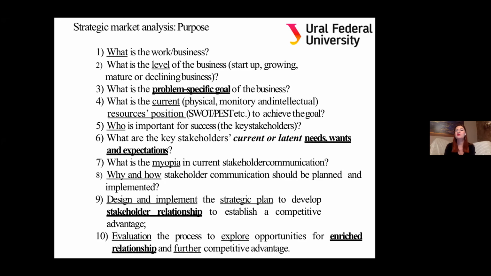What is the level of the business? Is it some newcomer? Is it startup? Or maybe, do you remember the graph that shows us the cycle, life cycle of the product, life cycle of the business?